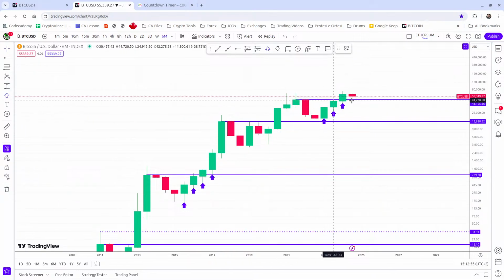So this candle is very important right now, and guess where it could go if it's going to retest at the candle close? At 46,000, so around 45,000. I've been calling that level for a while now, and that's still bullish.